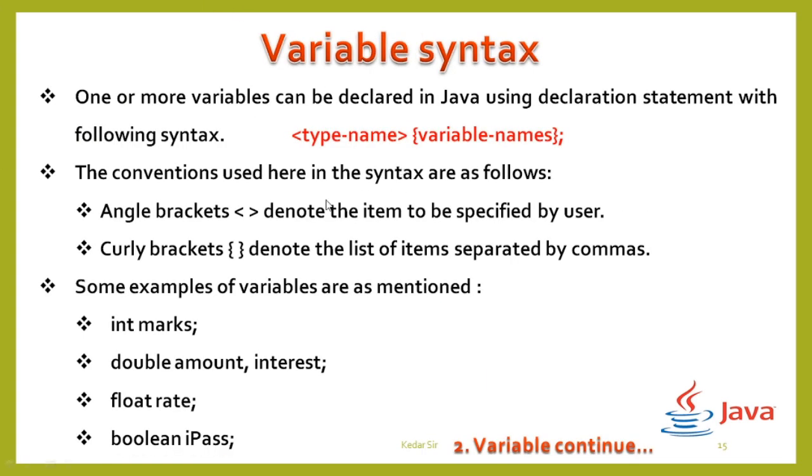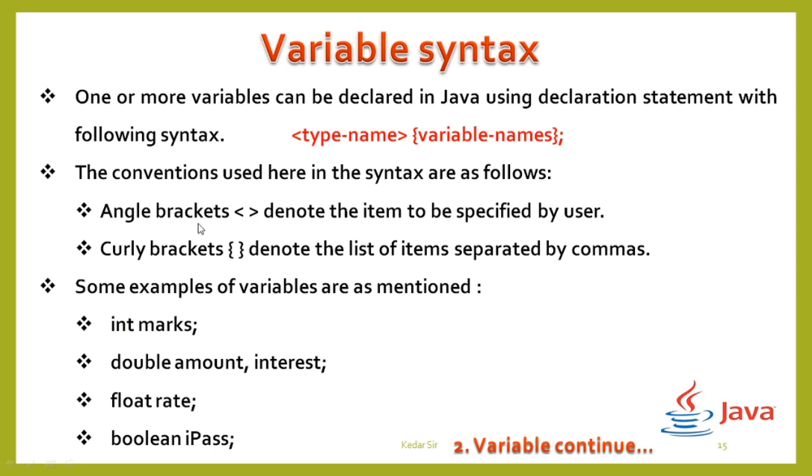Okay, what is the syntax in the Java program? One or more variables can be declared in Java using the declaration statement with the following syntax. Type name means the data type name, then the variable name which you have to define in your program, and a semicolon. The conventions used in the syntax are as follows.